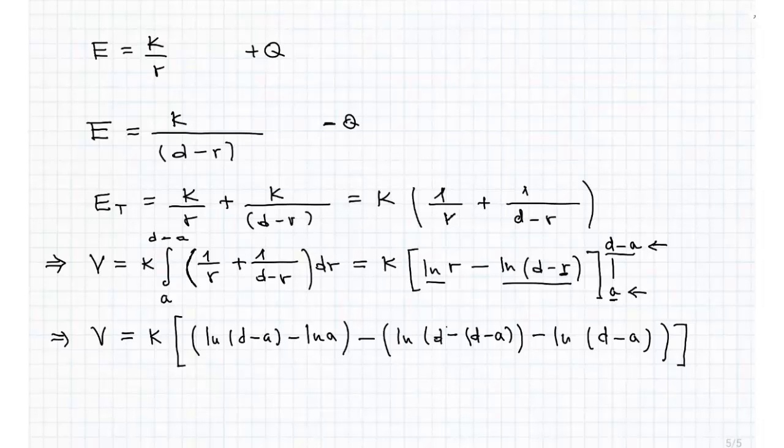This d cancels with this one, because this is d minus a, and we will have something like this.